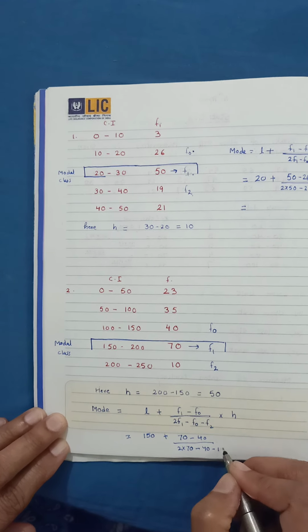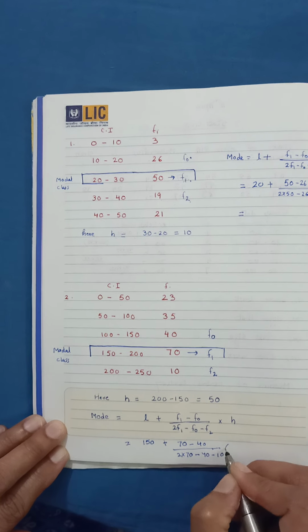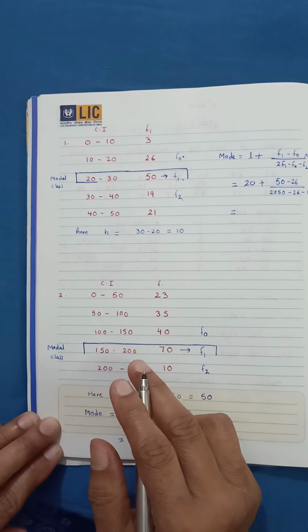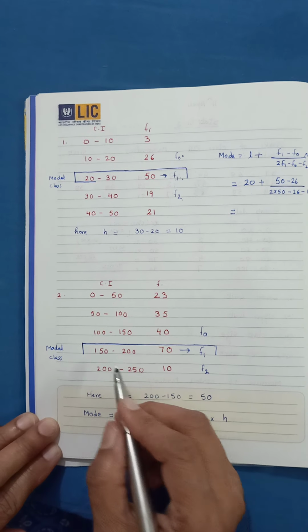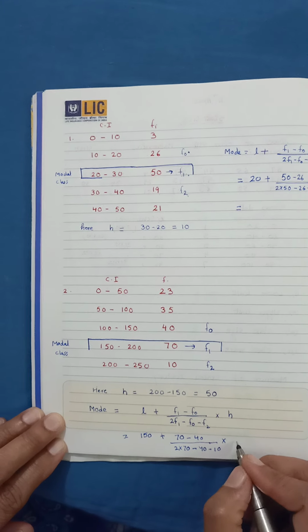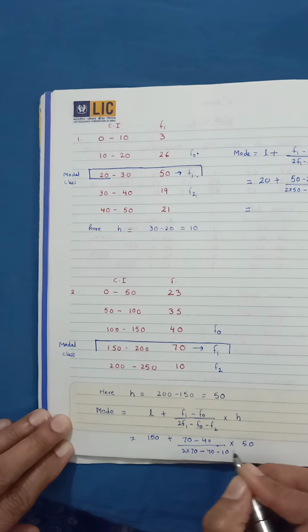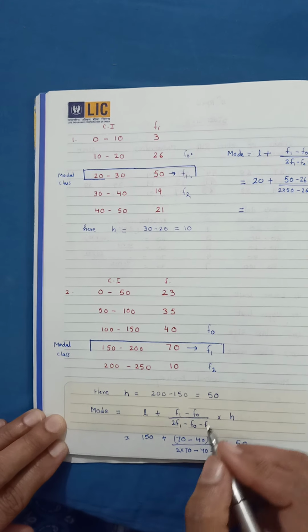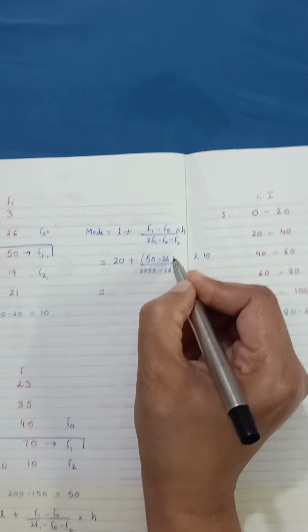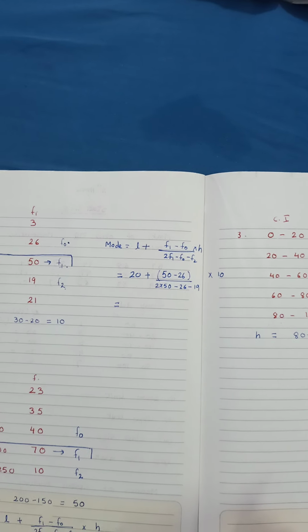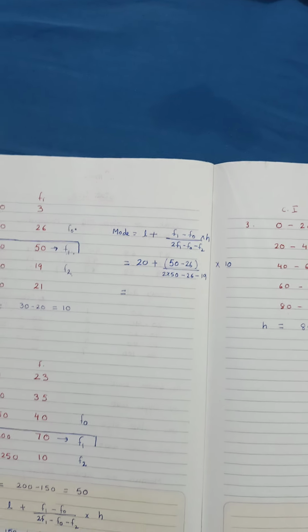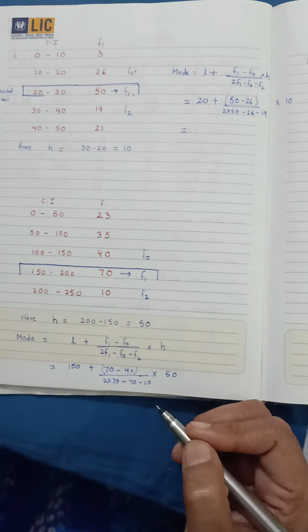F2 it is 10 multiplied by H. H is the class size. Class size means 200 minus 150, that is 50. Well, put this here in the bracket and here also put it in the bracket, so there will not be any confusion. Solution of this we will be doing later.